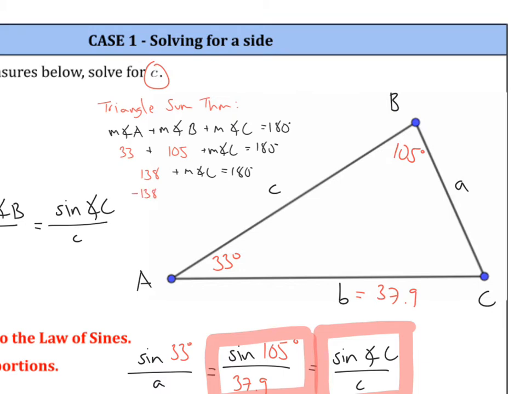Subtracting 138 on both sides, we get that the measure of angle C is equal to 42 degrees. So now I can label angle C with 42 degrees, and this is what I'm going to substitute into our equation down below as well.